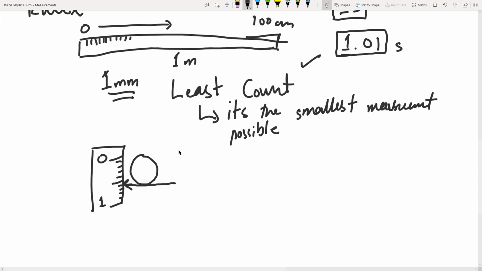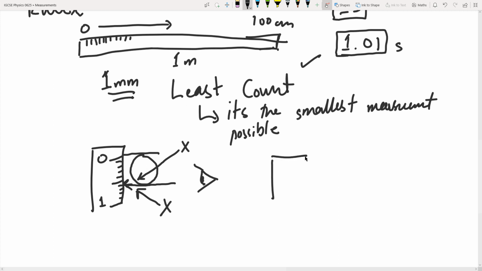If I view it at a different angle like this or like this, then the measurement is not going to be accurate. So this and this is not the right way to view. Your eye should be leveled with the object, making sure that it is precisely with the 0. So how can I ensure that my measurement is accurate?